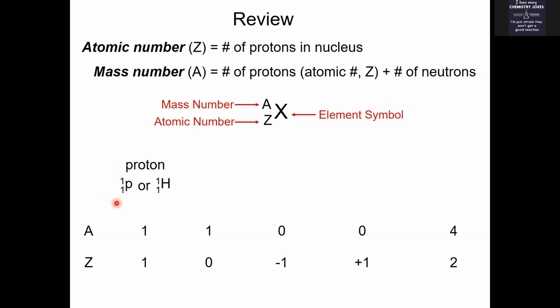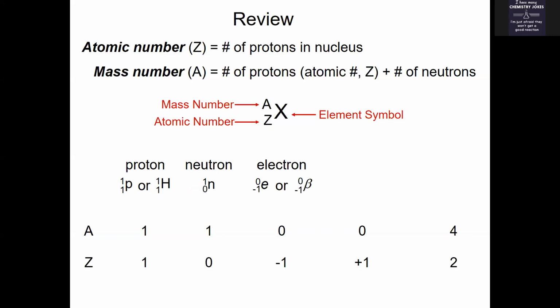It gets a 1 at the bottom because it's a proton, and there's a 1 up top because that's the whole mass of a proton. A neutron in nuclear chemistry gets a 0 at the bottom because the atomic number officially is the number of protons in the nucleus, and a neutron doesn't have any protons. So it gets a 0 down at the bottom and a 1 up top because a neutron weighs 1 AMU.